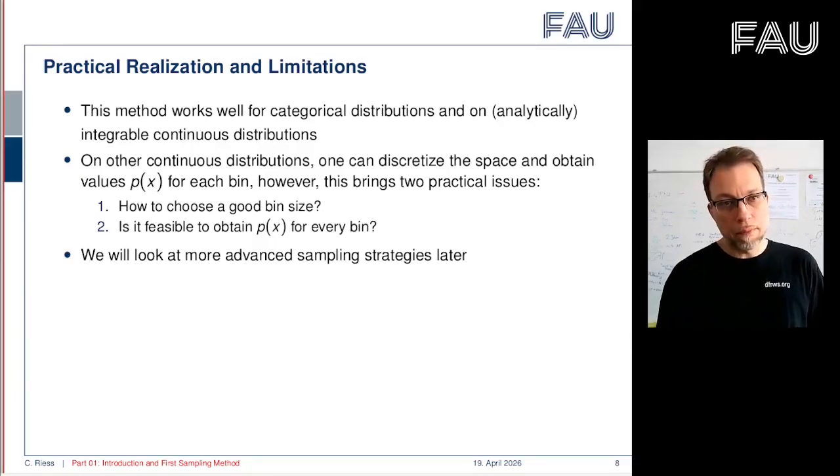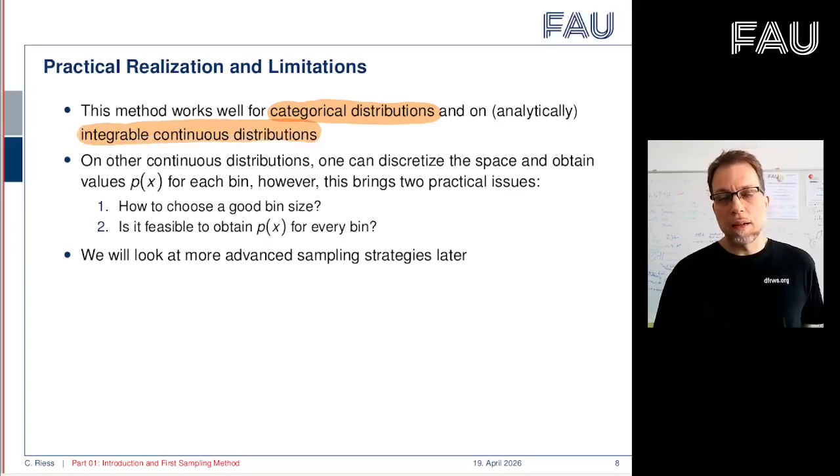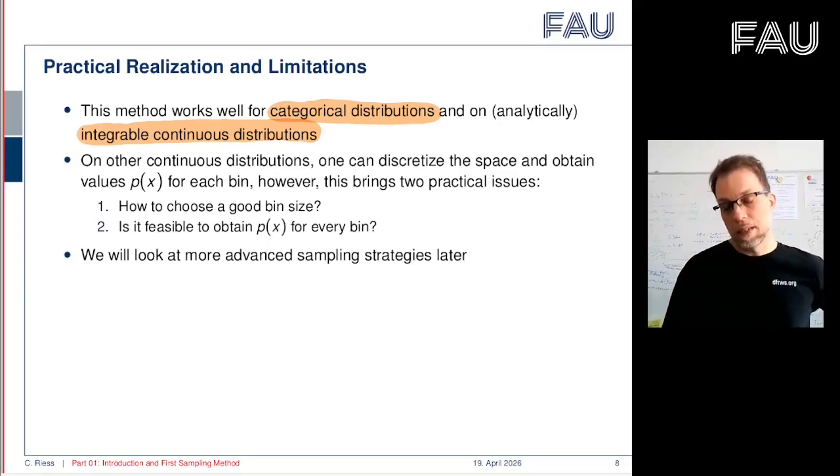So when implementing this, as mentioned earlier, it works quite well for categorical distributions, without a big problem. It can also be well applied to analytically integratable continuous distributions. And for all other distributions, it can also work, but we have to solve two problems, and they can be a bit inconvenient depending on what our situation is.